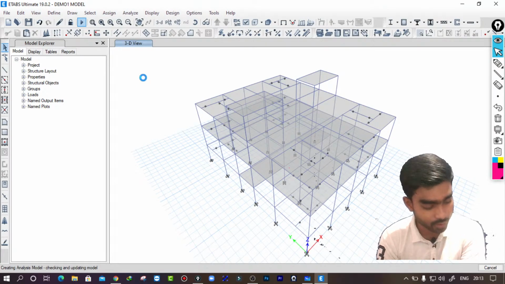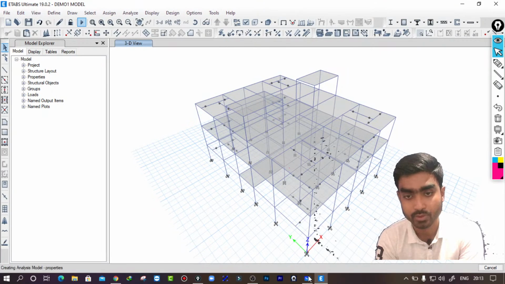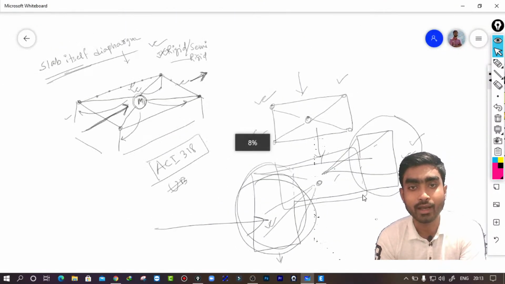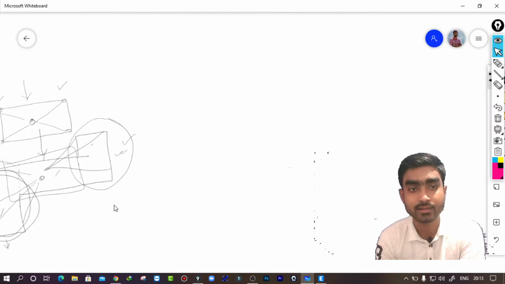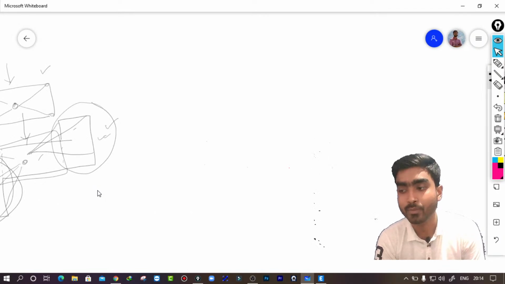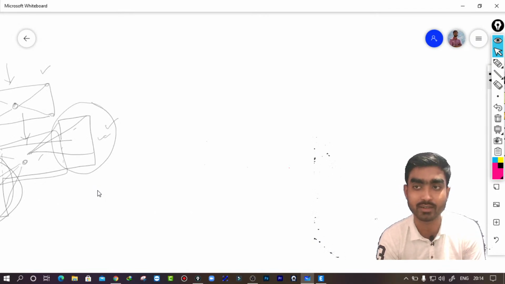Now I have gotten a question: why 90%, why not another value? When I started this modal analysis part, I told you that this is nothing but the basic behavior of the structure under free vibration, right?